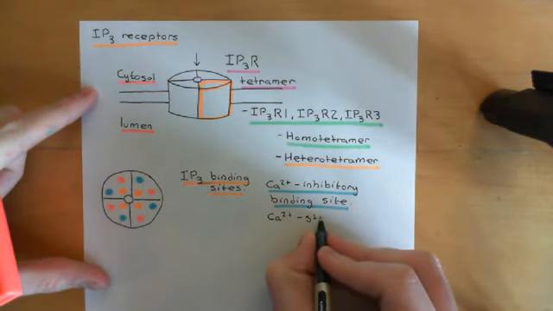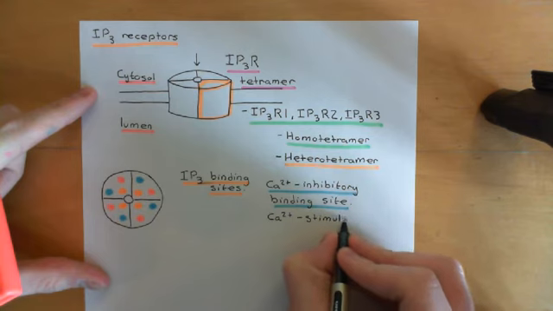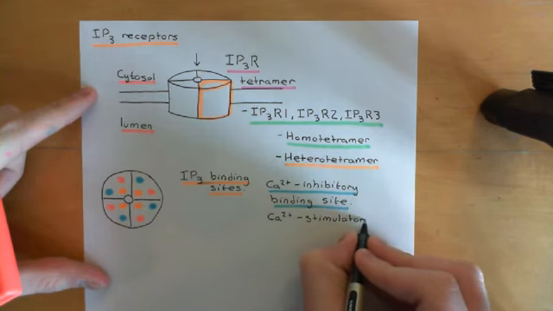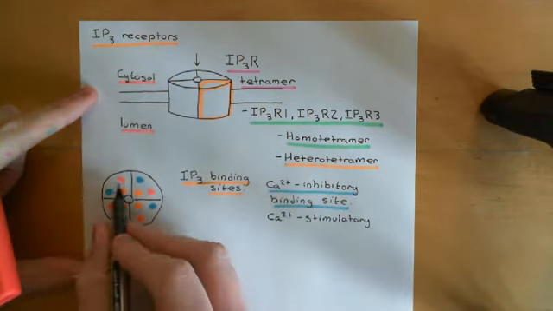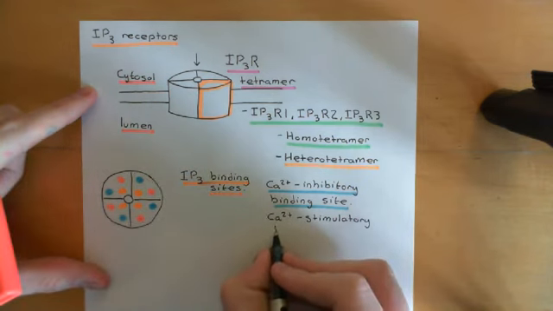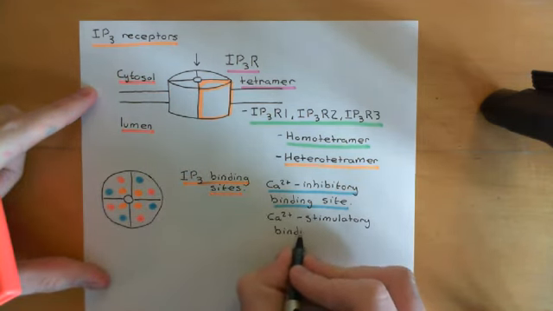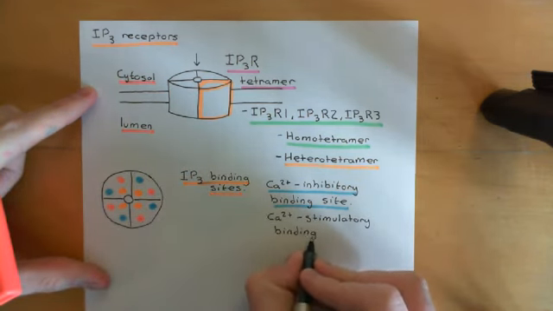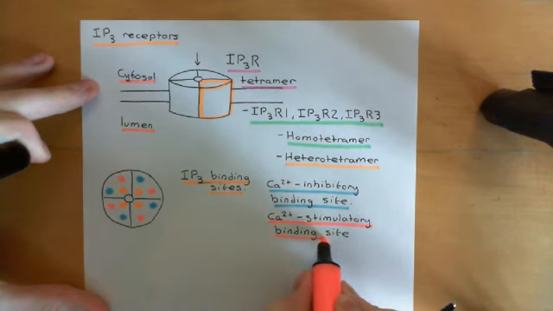The inhibitory binding site is stronger than the stimulatory binding site. So the ideal thing that you need is calcium just bound in the stimulatory binding sites and not in the inhibitory binding sites. So this is the calcium stimulatory binding site, and we'll colour that one in red.